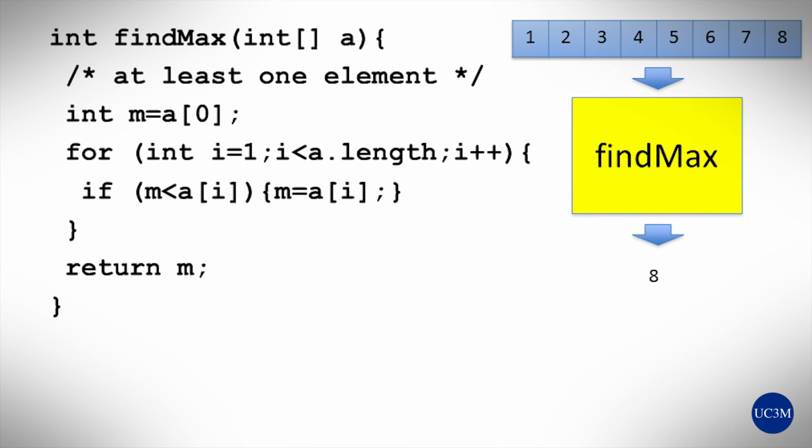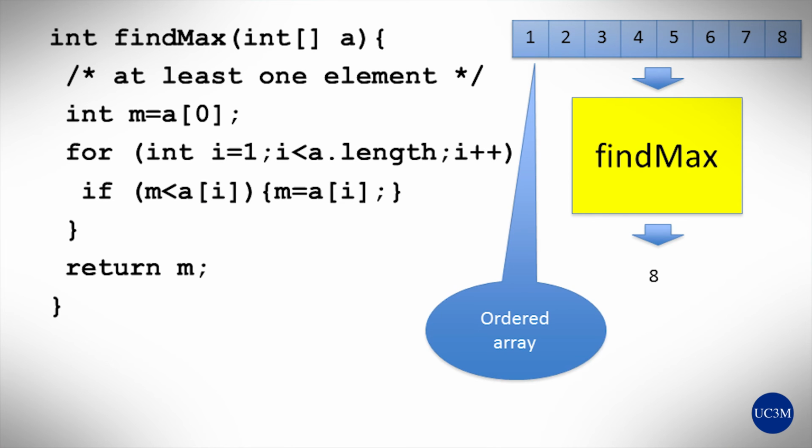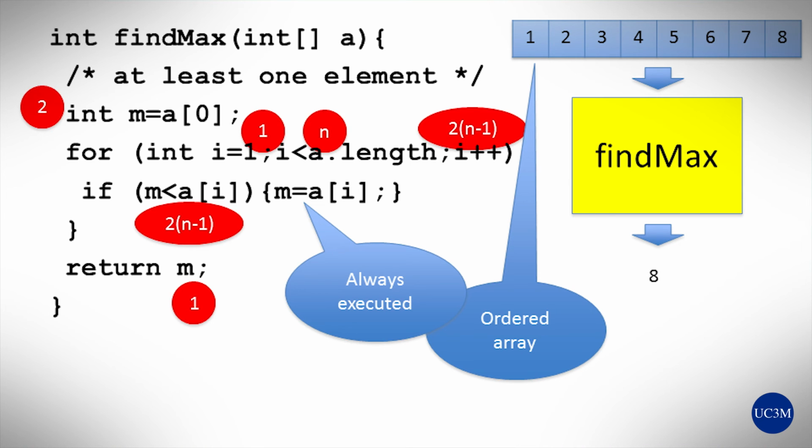Now we do the same exercise with another extreme case. Here the array is in ascending order. So each time we advance with the loop through the array, we encounter a number that is larger than the ones before. So we always have to update m in the conditional. So the counting differs from the one before in that we have to add 2 times n minus 1 for the assignment statement, which is always executed.